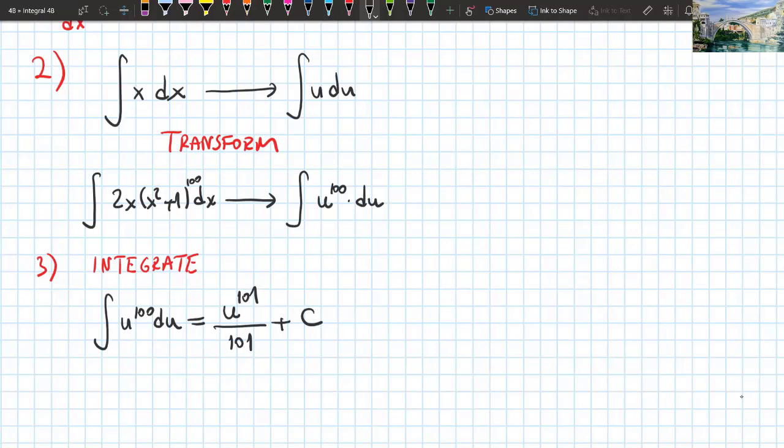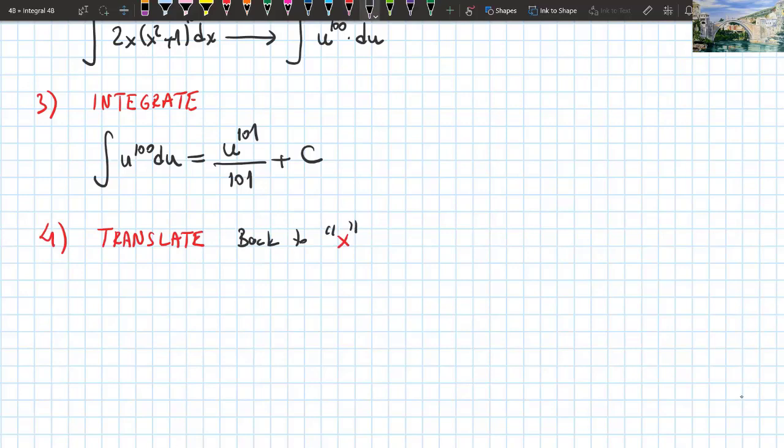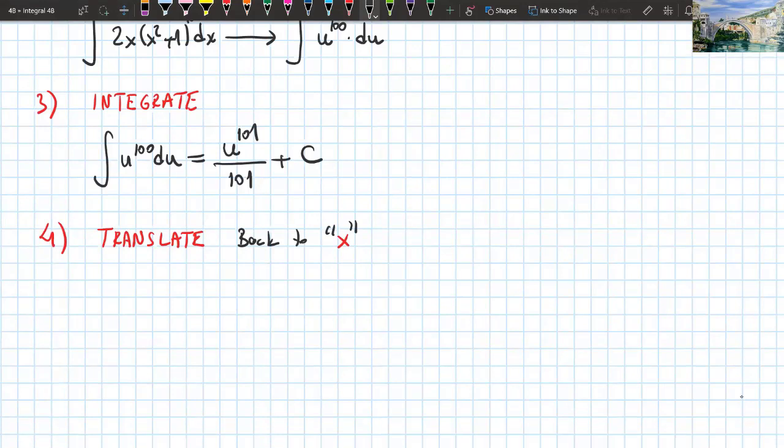We have finished our calculations, and now the last step. What is the last step? The result should be in terms of x. So the last step is to translate back to x. That's the last step, and that's the easiest step. So I will translate the resulting part. u to power 101.